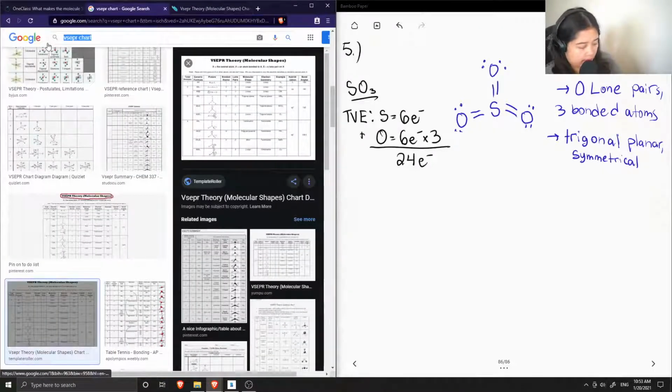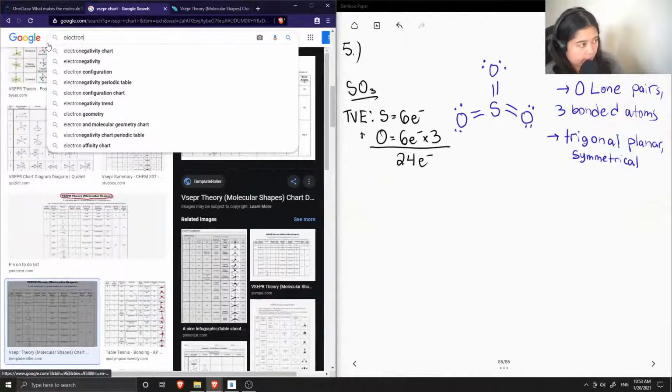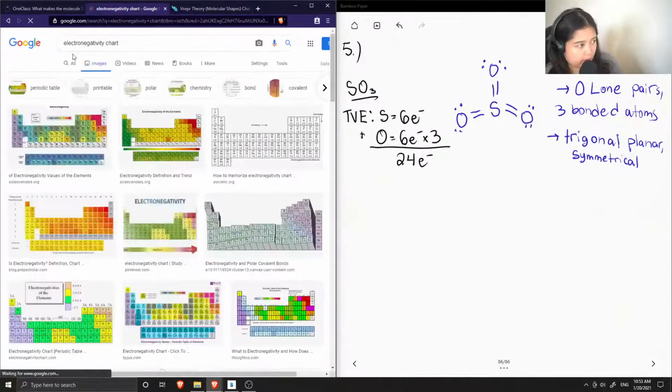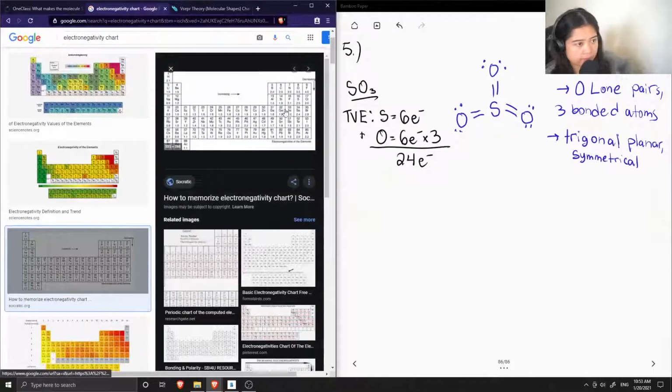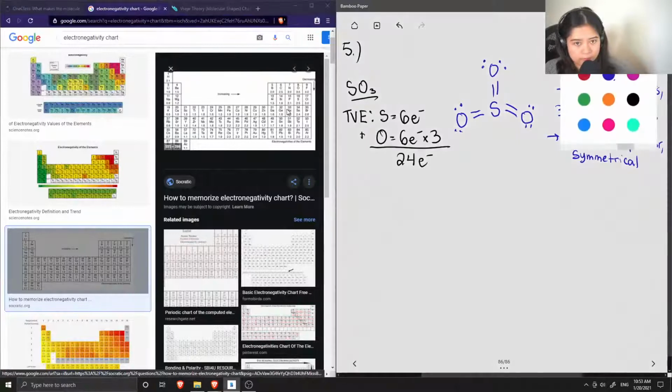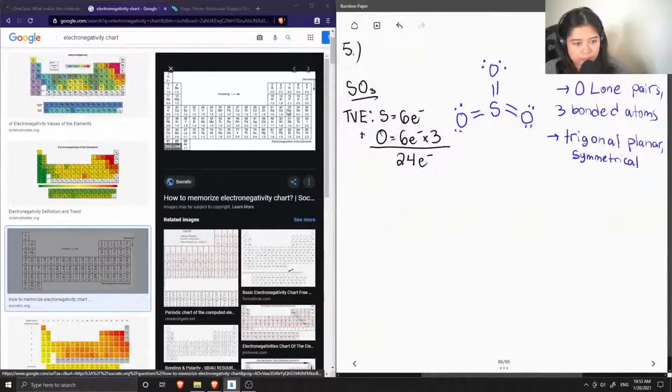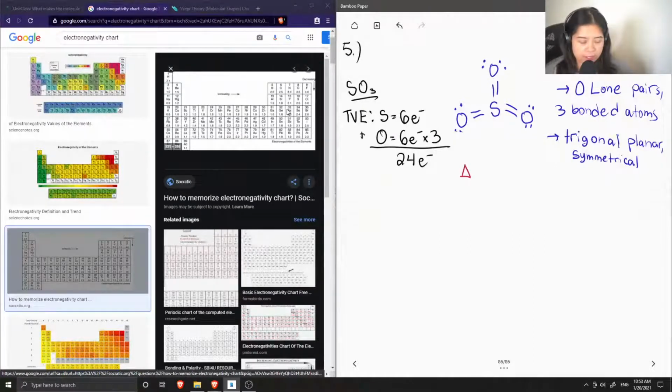Now let's look up the electronegativity values of the atoms that are involved. To find out whether or not a bond is polar or nonpolar, we want to find the difference in electronegativity between the 2 atoms involved in the bonding.